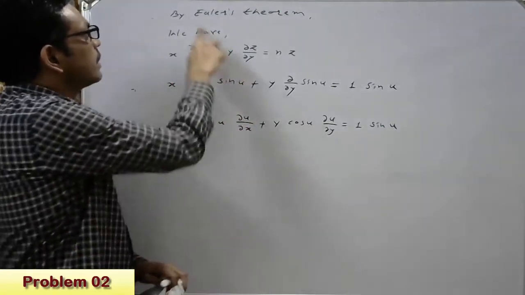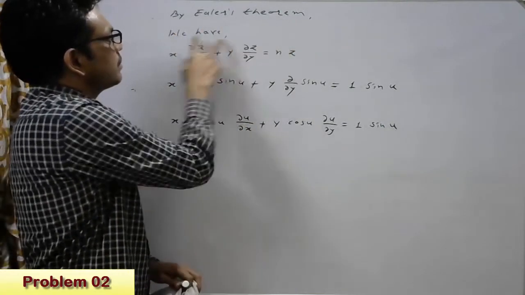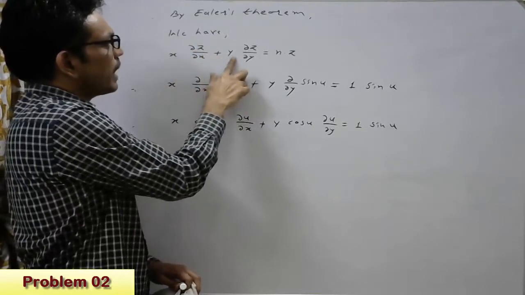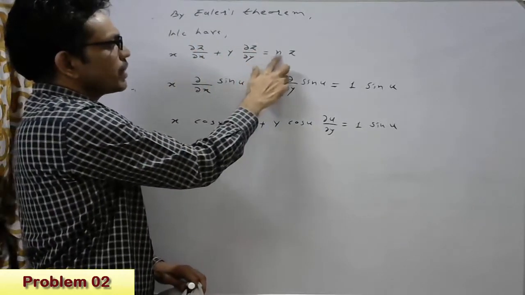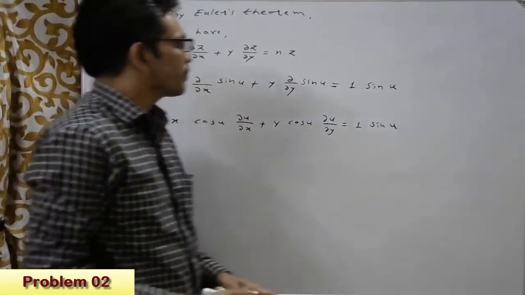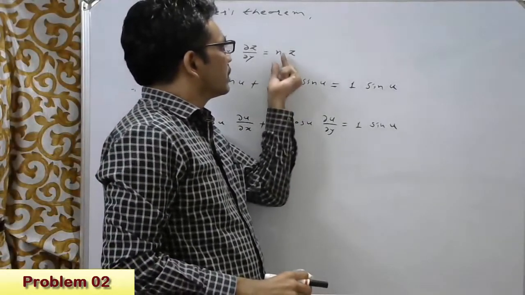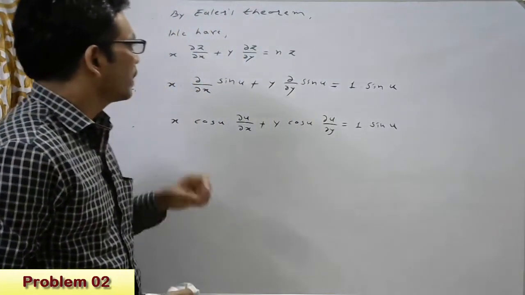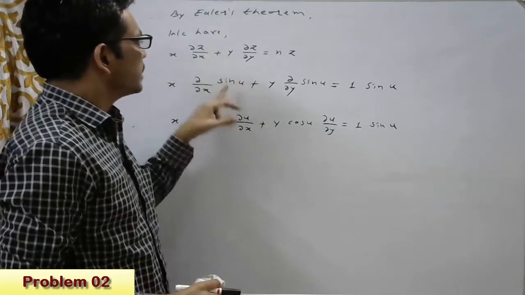See, here by Euler's theorem, we have x into del z by del x plus y into del z by del y is equal to n into z. In our problem, the degree of the homogeneous function is 1 and the value of z is equal to sine of u.